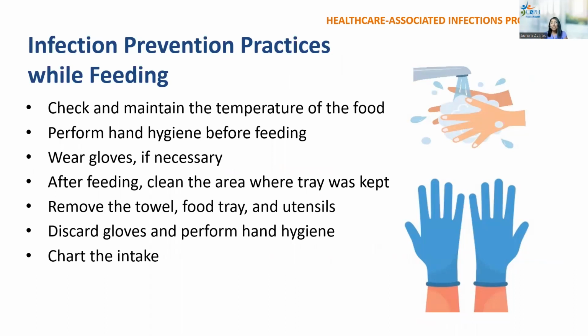This is a slide from Module 5 on infection prevention practices while feeding. It is an example of a slide you can use to further explain the answers to the post-training question.